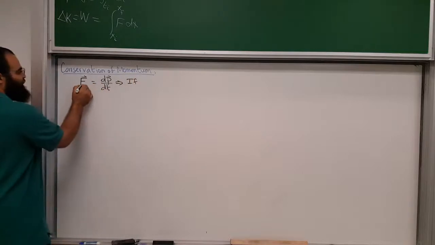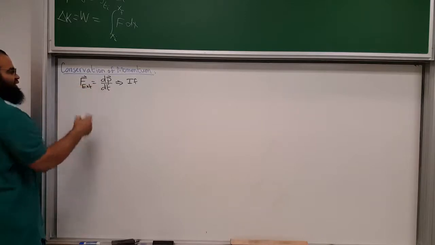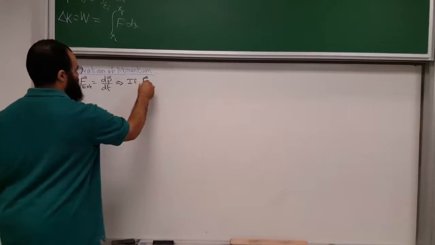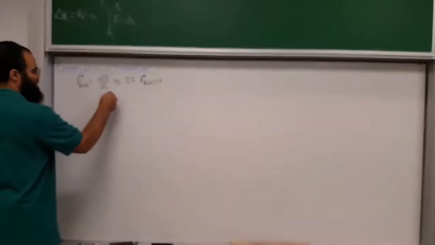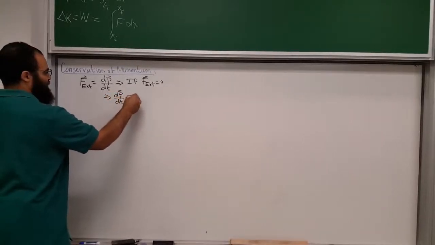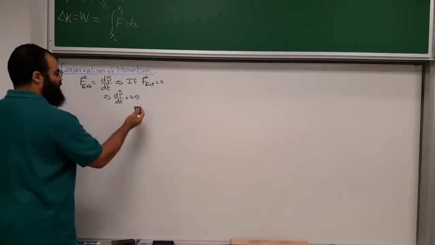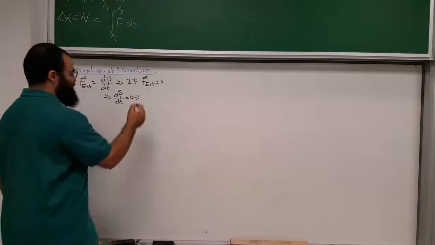So, to emphasize, the net external force. If F external is equal to 0, that means dP dt is equal to 0. And if you take the derivative of a quantity and you get 0, it means that that quantity is constant, right? Because the derivative of a constant is 0.